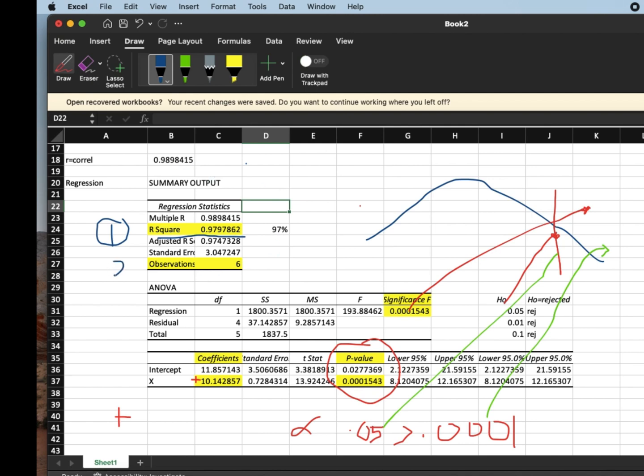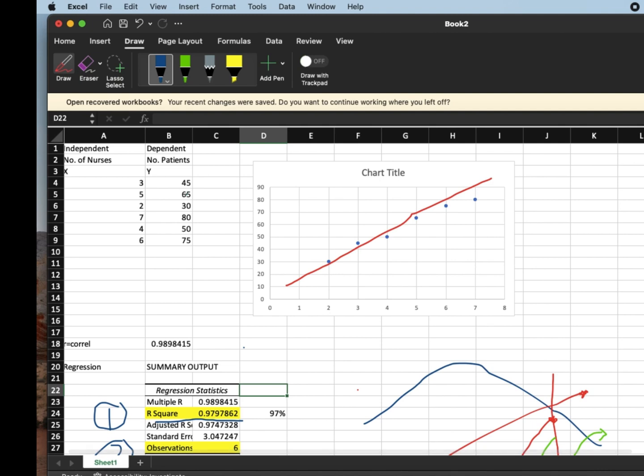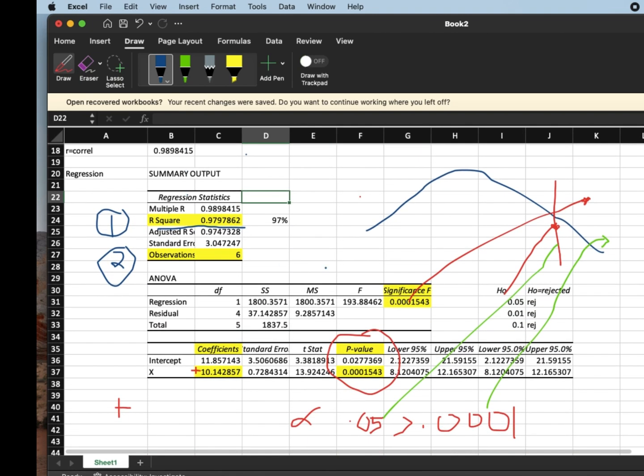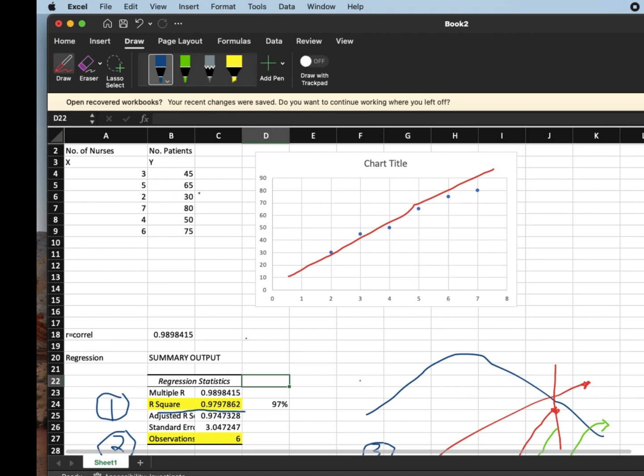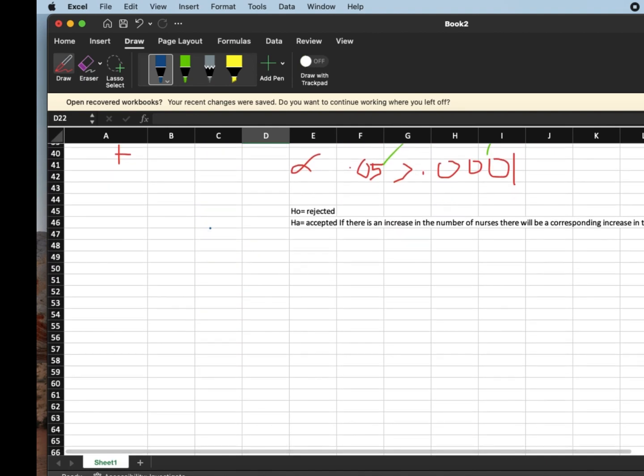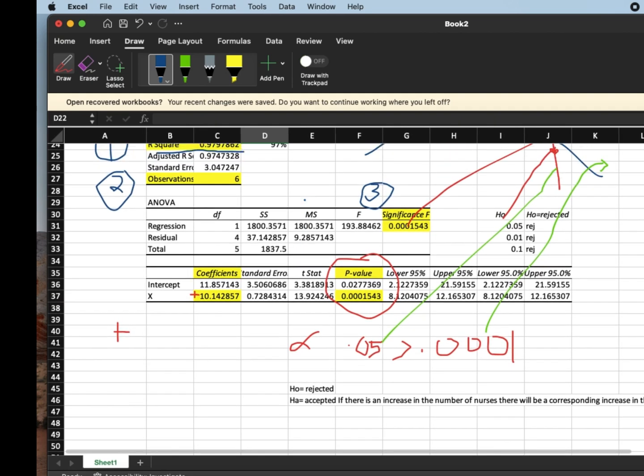Second is your number of observations. Does it tally? It is 6, so you can always tell the corresponding number of observations. The third is the p-value or the significance level of your test, which at this point is your ANOVA. If it shows a very significant relationship, then you have a good set of predictions. Ultimately, to predict, we proceed with the fourth factor, which is the coefficient.